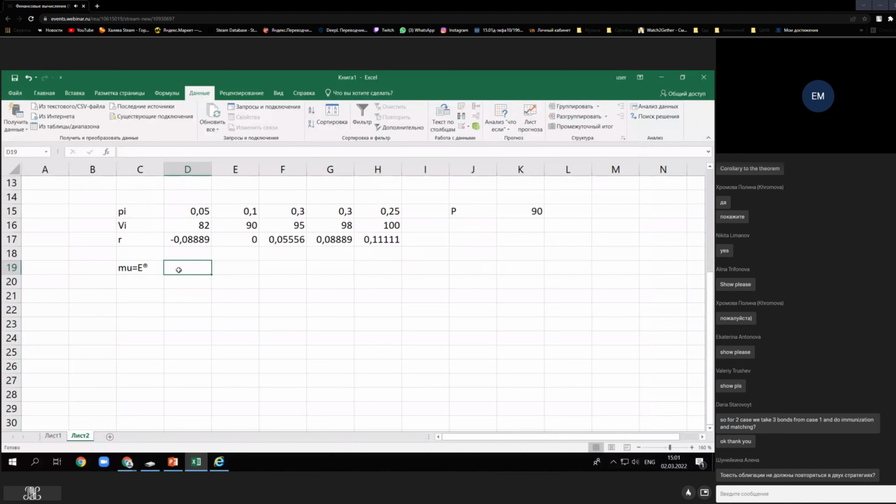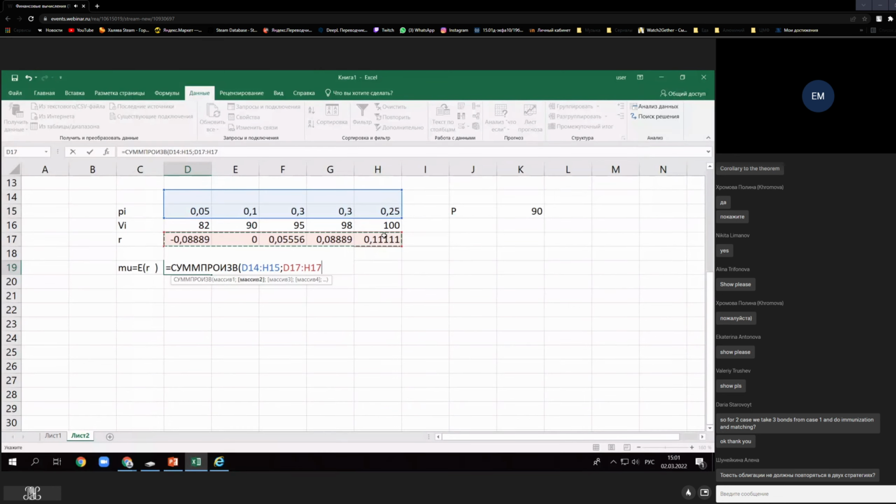And to calculate the mathematical expectation, I remind you from the previous year, you should find the sum of the products of the probabilities to the values.